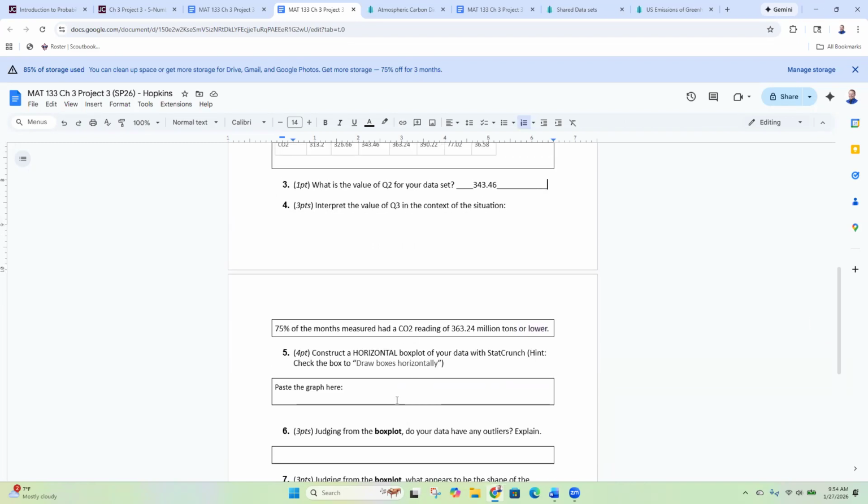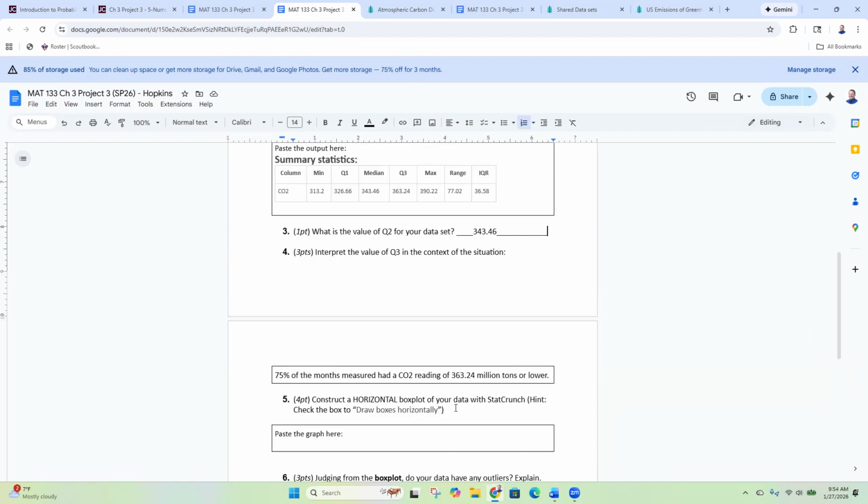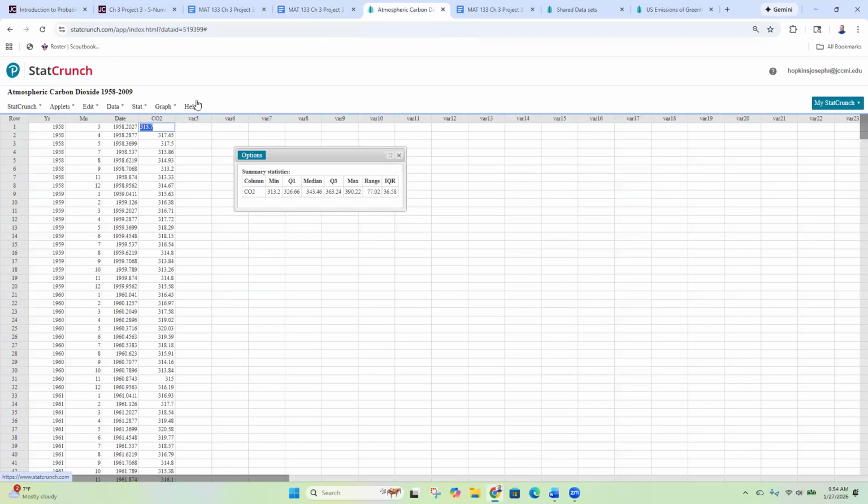Number 5, construct a horizontal box plot of your data with StatCrunch. Check the box, draw boxes horizontally. Okay. All right. So let's go back over to StatCrunch. Okay.